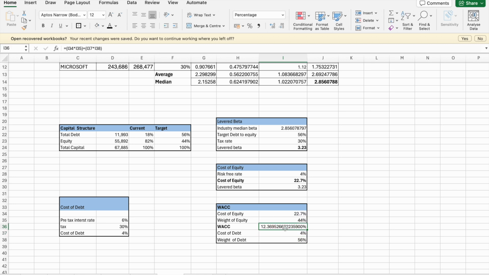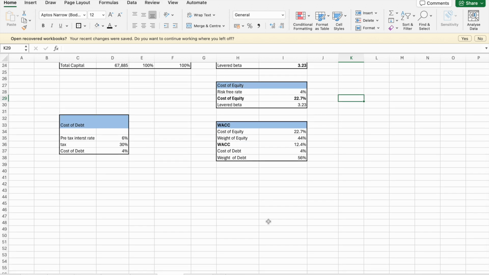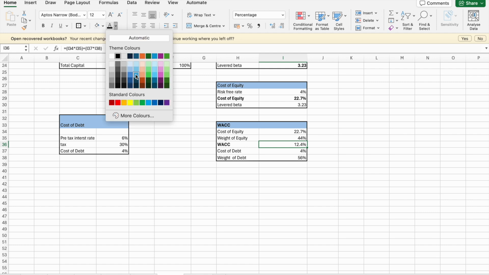So we can see here it's around 12.4%. If we reduce the decimal point, 12.4% for the WACC of the AMD company, which is quite good. It's not too much, but it's a bit more than the S&P 500.